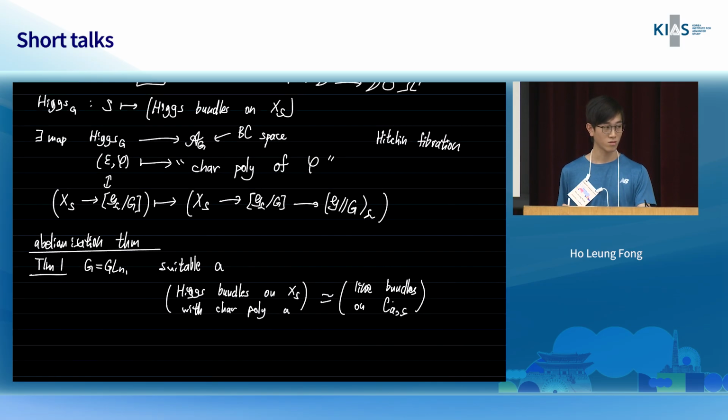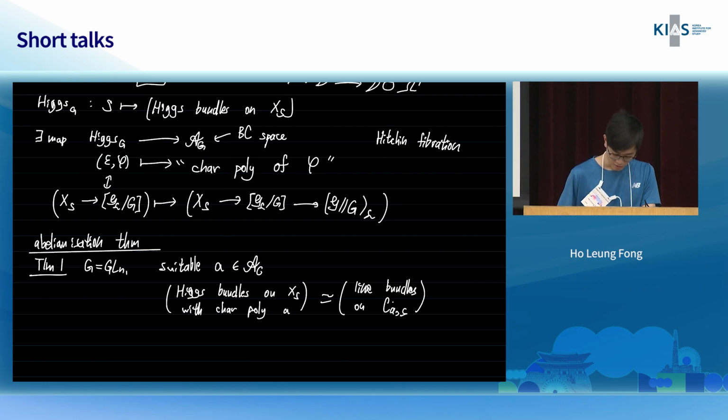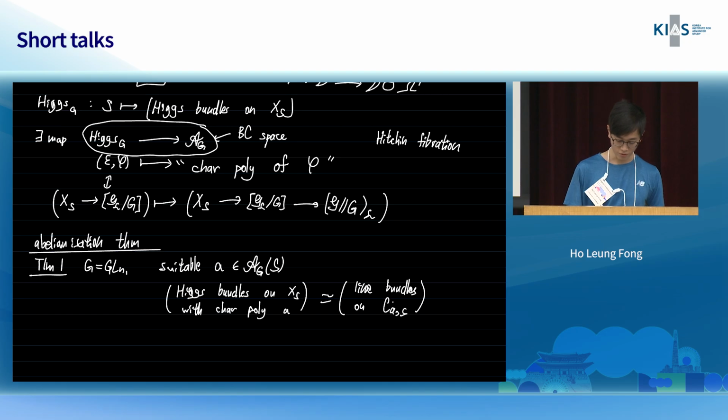The theorem is that if you fix an element a in A_G, so if you fix an element in this target, then the fiber of this map can be described as the line bundles on this C_a, which I call the spectral curve. It's a curve in the same sense that the Fargues-Fontaine curve is a curve, which means it's actually not a curve.